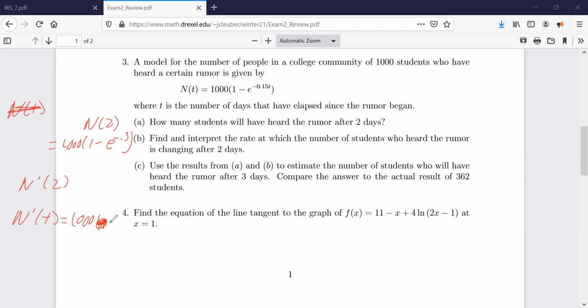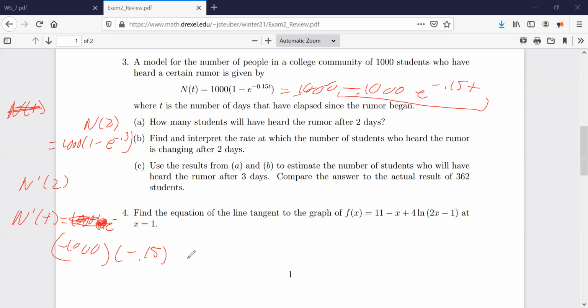First I'm just going to distribute this. So this is 1,000 minus 1,000 e^(-0.15t), right? So when I do the derivative, this guy goes away, and then I'm just dealing with this guy. So I have negative 1,000 times negative 0.15 times e^(-0.15t).